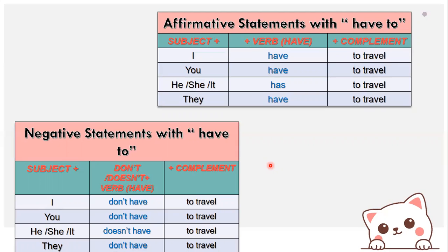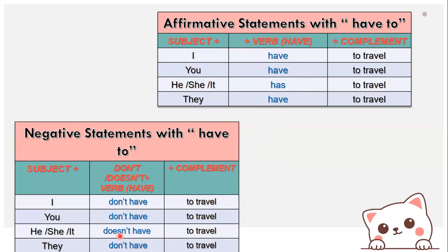And what is the auxiliary here? Don't or doesn't. We have subject plus don't or doesn't, depending on the subject, plus verb have plus complement. Tenemos este don't. Y also aquí, ¿por qué no usamos has? Si acá tenemos has. Because we have the auxiliary. And we don't have changes. No tenemos cambios.